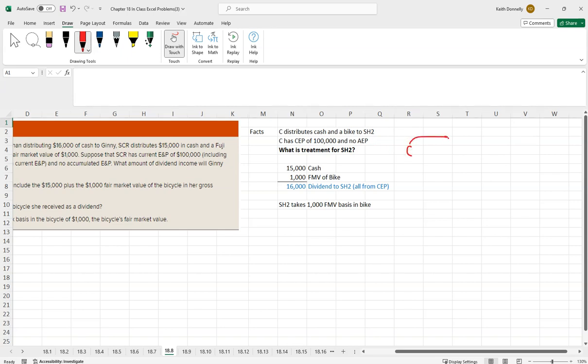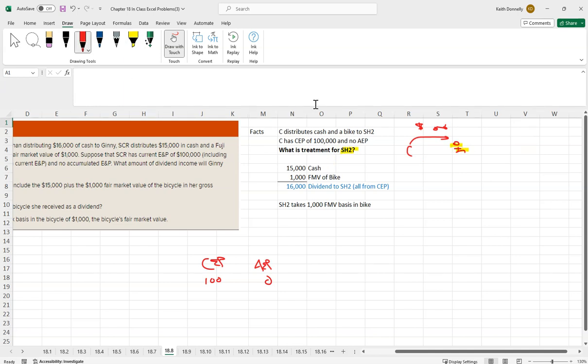They distribute cash and a bike to a shareholder. Looks like they have CEP of 100,000 and no AEP. So CEP 100, AEP 0. What is the treatment for the shareholder?